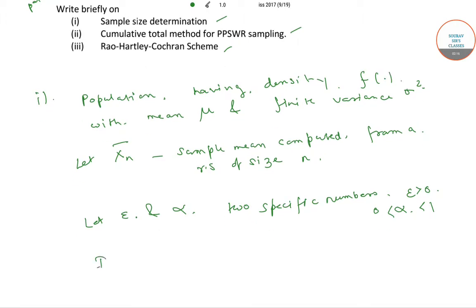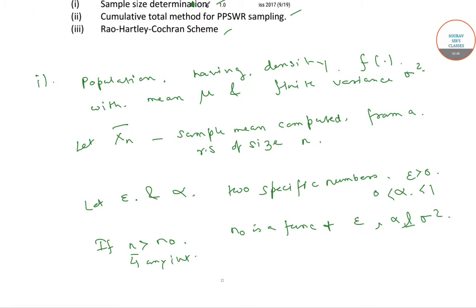Then if n is greater than n naught, where n naught is a function of epsilon, alpha and sigma square, and n is any integer, we will find that the probability of X n bar minus mu lying in the interval minus epsilon to epsilon is greater than or equal to 1 minus alpha.